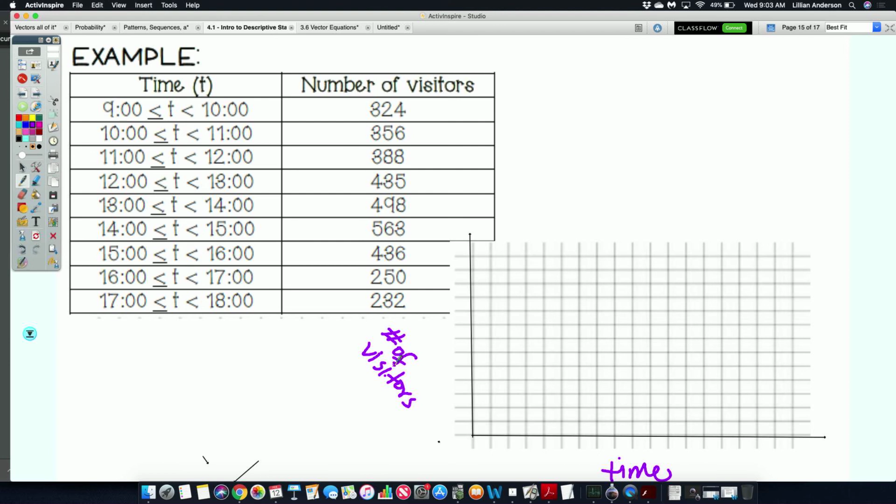So what would be a good scale for our x-axis? By ones. Now, when the x and y axes intersect, what point is this? 0, 0. So we don't want to start with 9 right here unless we include a break. You remember that from your years of doing graphs. Whenever you are starting far enough away from 0, you want to include a break.